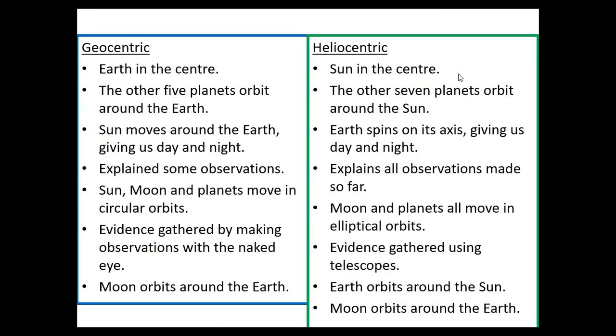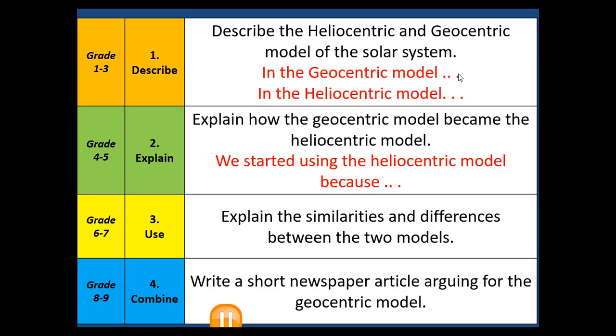Okay, so now here, in terms of summarizing the geocentric and the heliocentric model, to get an idea of how they're different, let's now bring all these ideas together. So for describe, can you describe the heliocentric and geocentric models, please?